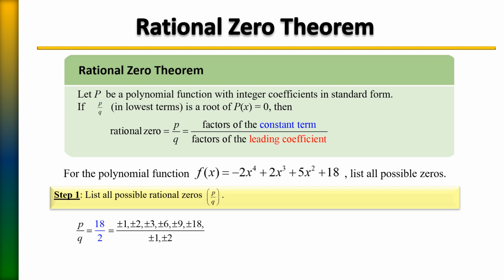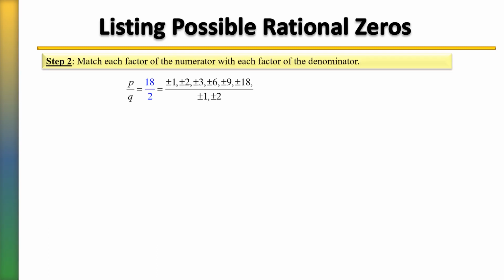So the next thing, we're going to match each factor of the numerator with each factor of the denominator. So what do I mean by that? On top we have 1, 2, 3, 6, 9, and 18. So we're going to write all those over a denominator of 1.